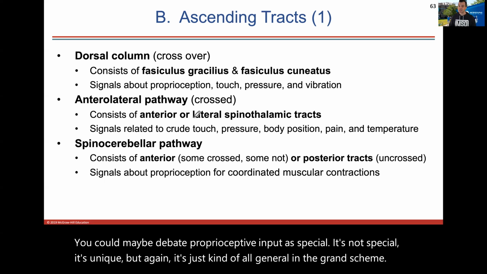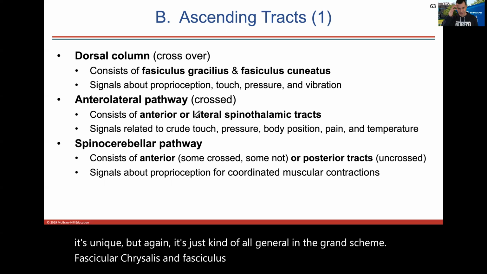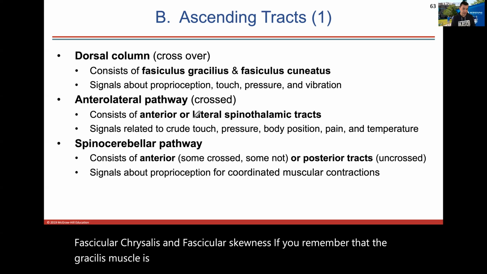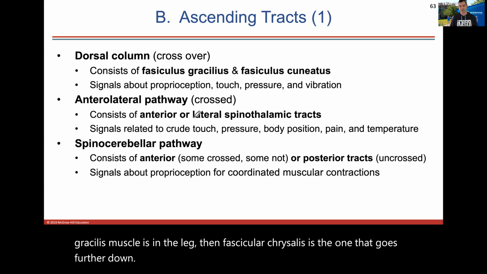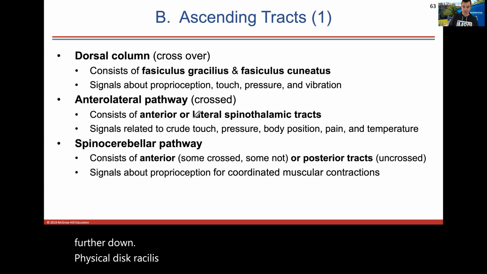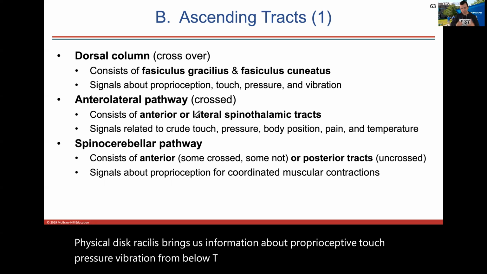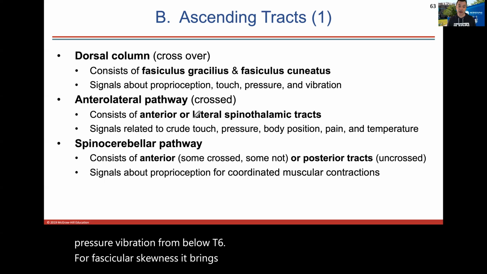Fasciculus gracilis and fasciculus cuneatus. If you remember that the gracilis muscle is in the leg, then fasciculus gracilis is the one that goes further down. Fasciculus gracilis brings us information about proprioception, touch, pressure, vibration from below T6. Fasciculus cuneatus brings information into the brain about all that above T6.